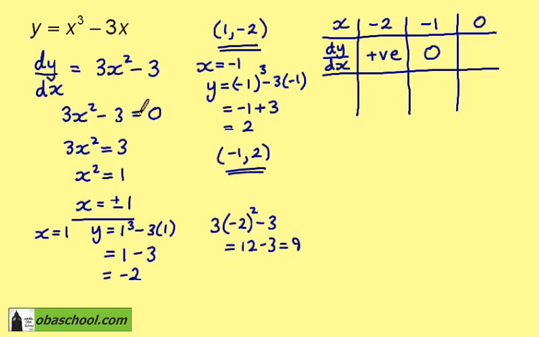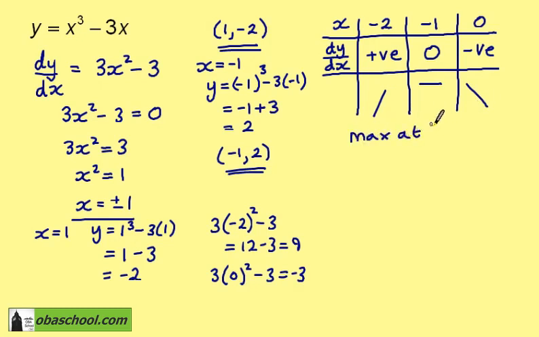When x equals 0, dy/dx is 3 times 0 squared, take away 3, which is minus 3. And so we have a negative. Positive across negative means we've got a maximum. So we have a maximum at minus 1, 2.